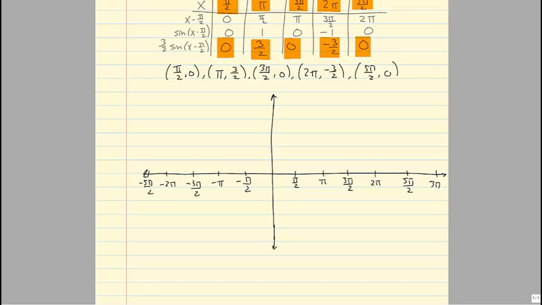And I'm just going to mark this as 3/2 right here, just to make it easy. So at pi over 2, I'm at 0. At pi, I'm at 3/2. At 3 pi over 2, I'm back to 0. At 2 pi, I'm at -3/2. 5 pi over 2, 0. And this pattern will continue.